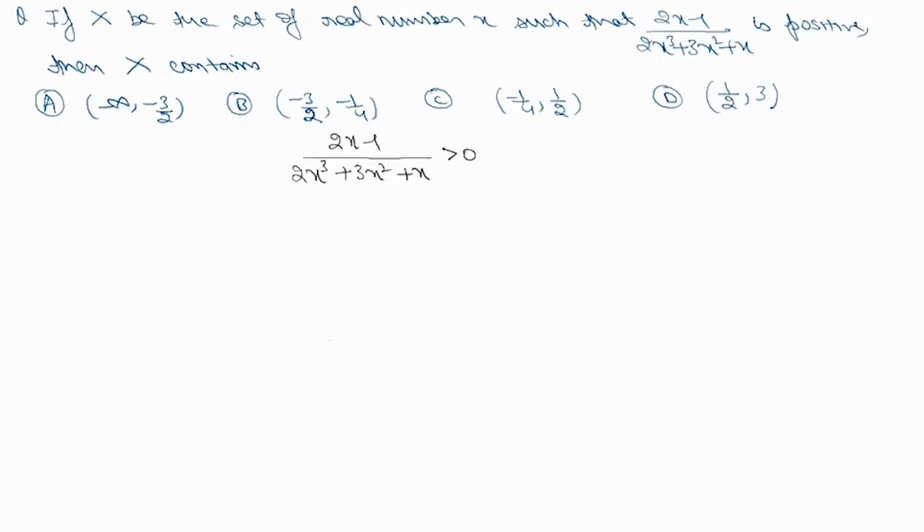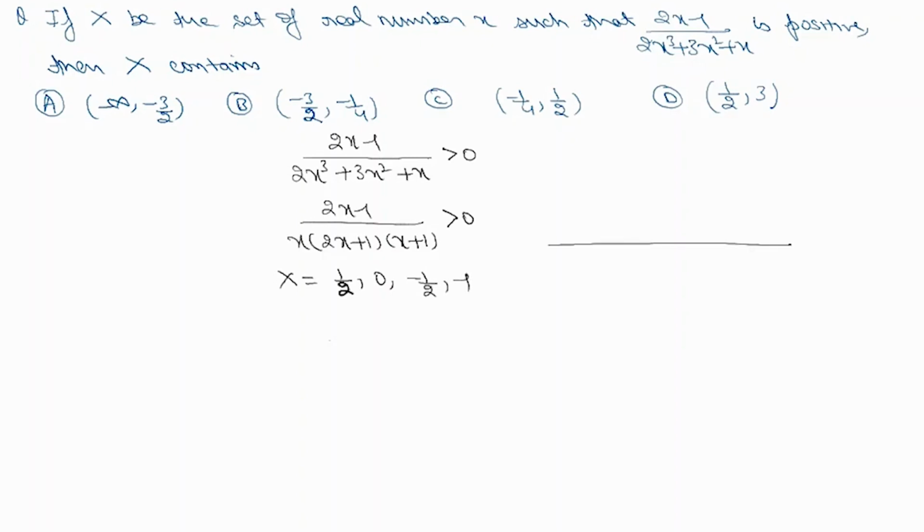First step, make the right hand side 0, it's already 0. Second step, factorize. So 2x minus 1, I'll take x common, and then I can also factorize it as 2x plus 1, and x plus 1 should be greater than 0. Next step, find roots. So roots are x is 1 by 2, 0, minus 1 by 2 and minus 1.